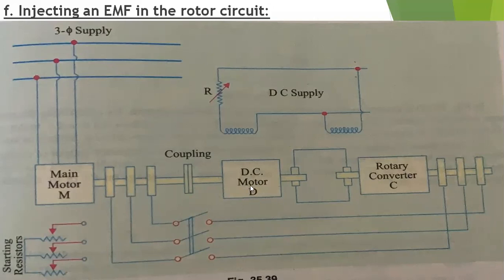There is a field regulator, which governs the back EMF EB of D. This governs the DC potential at the commutator of C, which controls the slip ring voltage and thereby controls the speed of the induction motor.